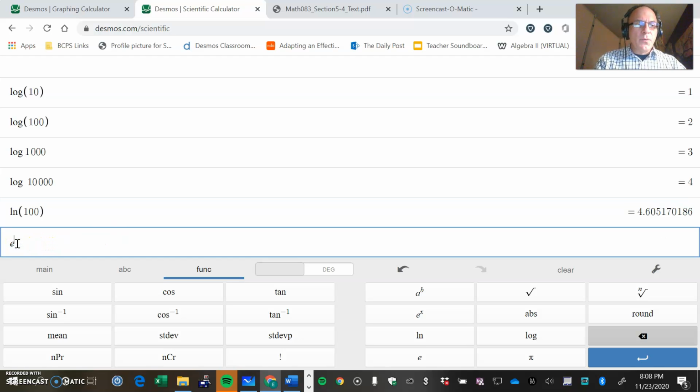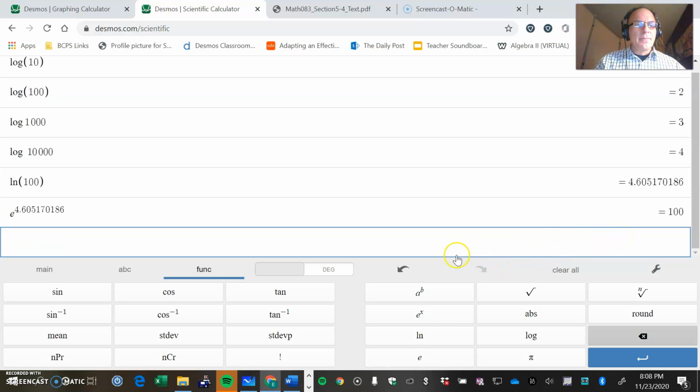If I take E and raise it to the power that I got before, which is 4.605, there's my 100. So that's working backwards. E raised to the 4.605 power is equal to 100. That means the natural log of 100 is equal to 4.605. You can see how they are inverses of one another.